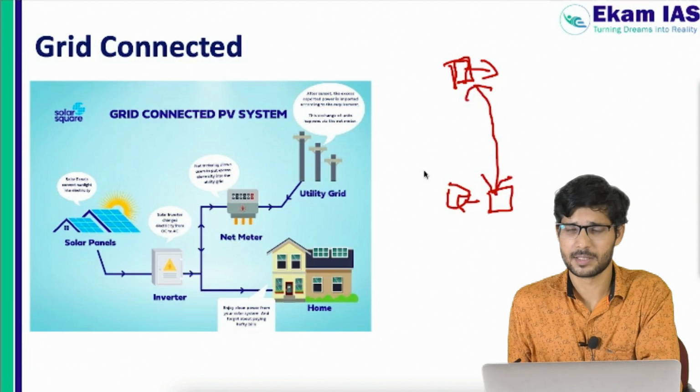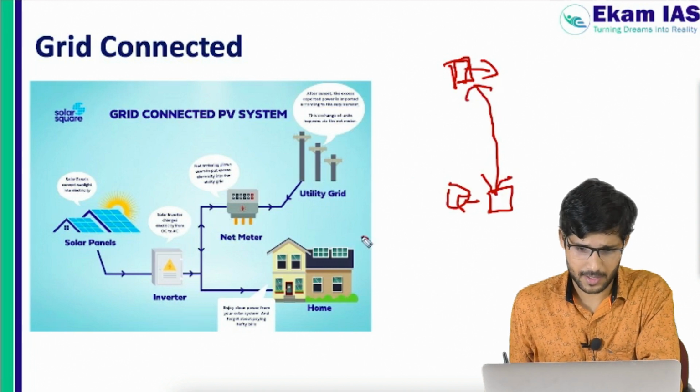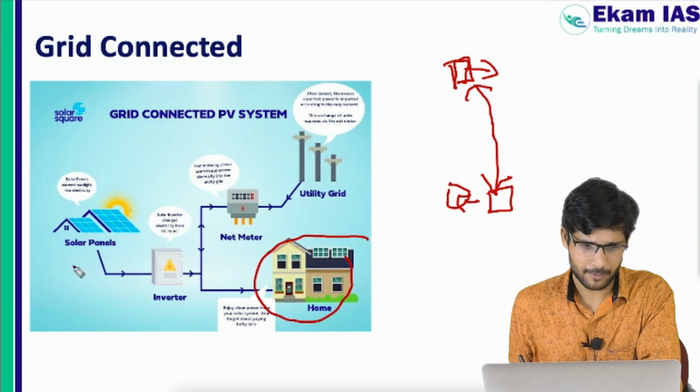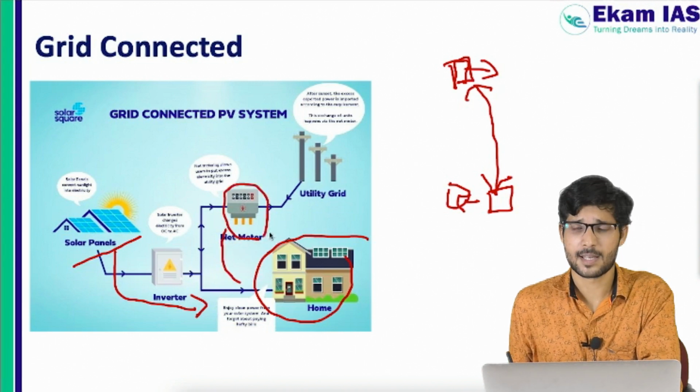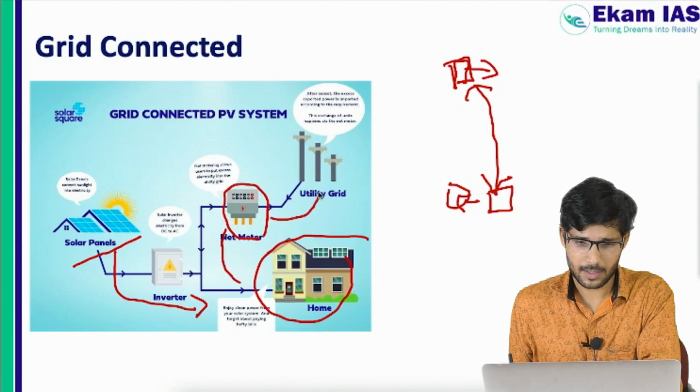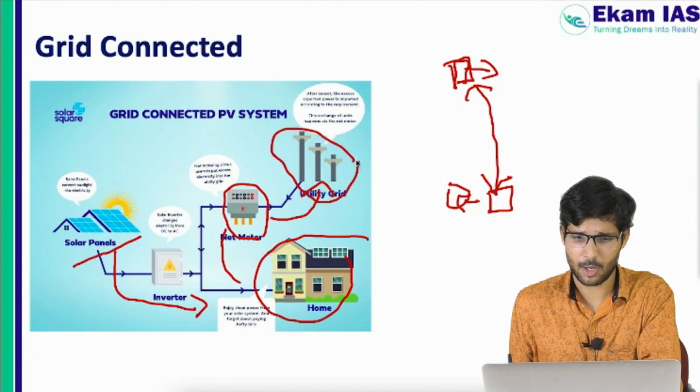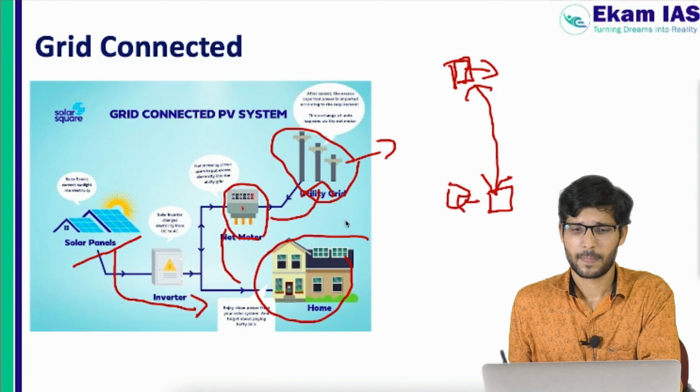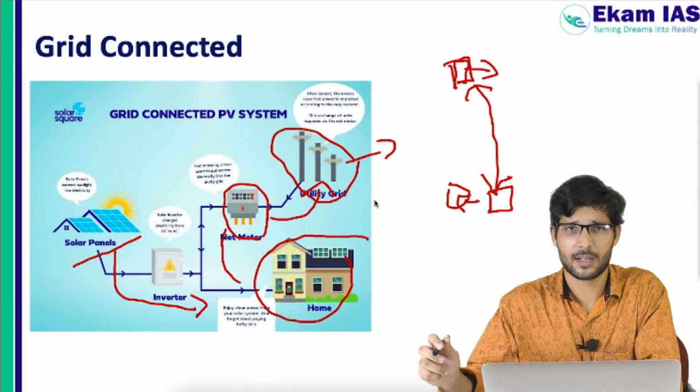In this figure you can see this is a home, and with the help of these solar panels they are producing energy. And with this net meter, which we will discuss later, the same energy they produce is connected to the grid, that is the central power supply system. This is what we call a grid connected system.